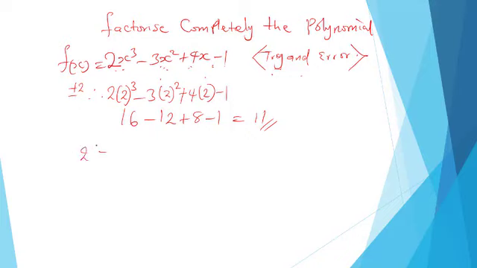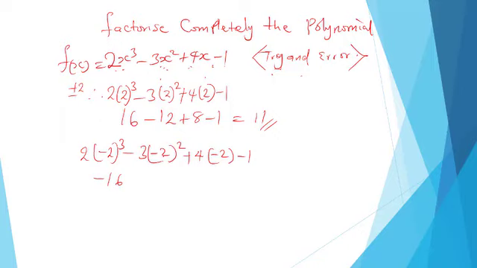So this is 2 times minus 2 raised to power 3, minus 3 times minus 2 squared, plus 4 times minus 2, minus 1. So with this, we move ahead by saying minus 2 cubed will give you minus 8, times 2 is minus 16.